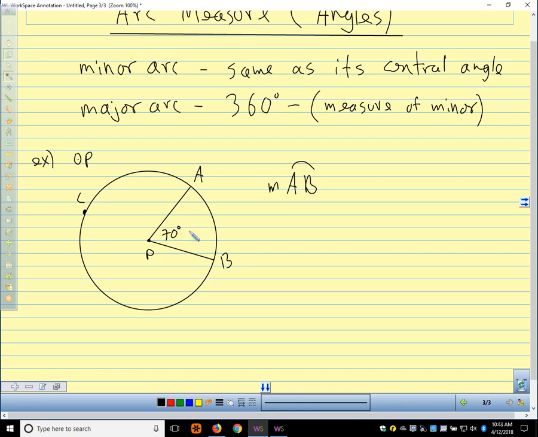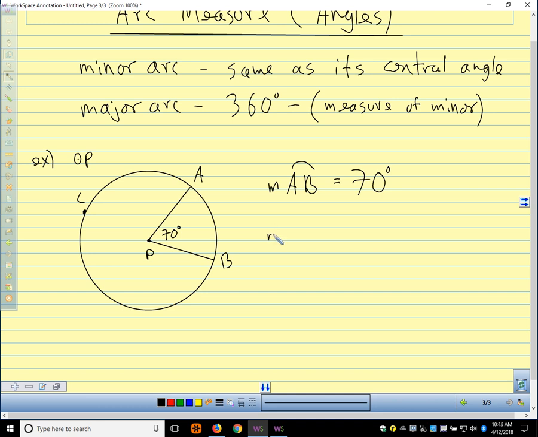The measure of arc AB is the same as the central angle. So to measure a minor arc, we just find the central angle that goes between the two radii that make it.